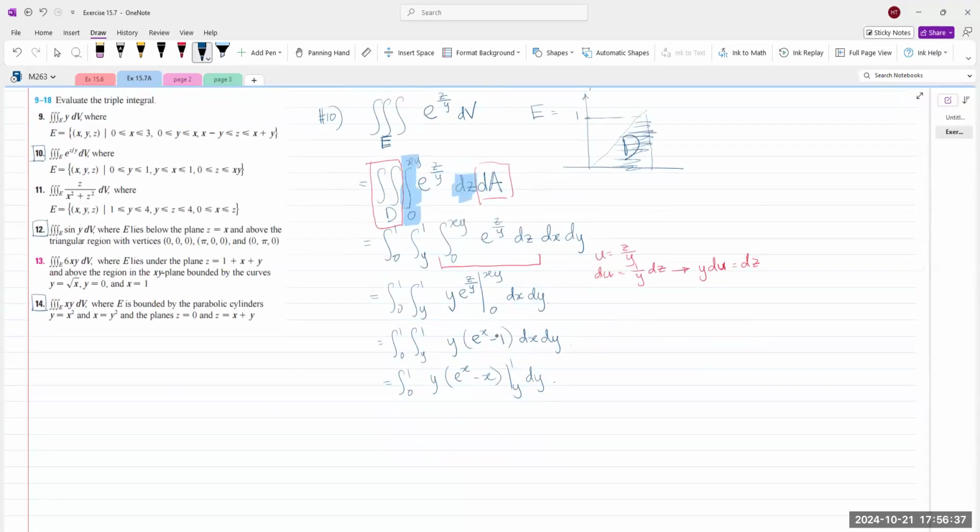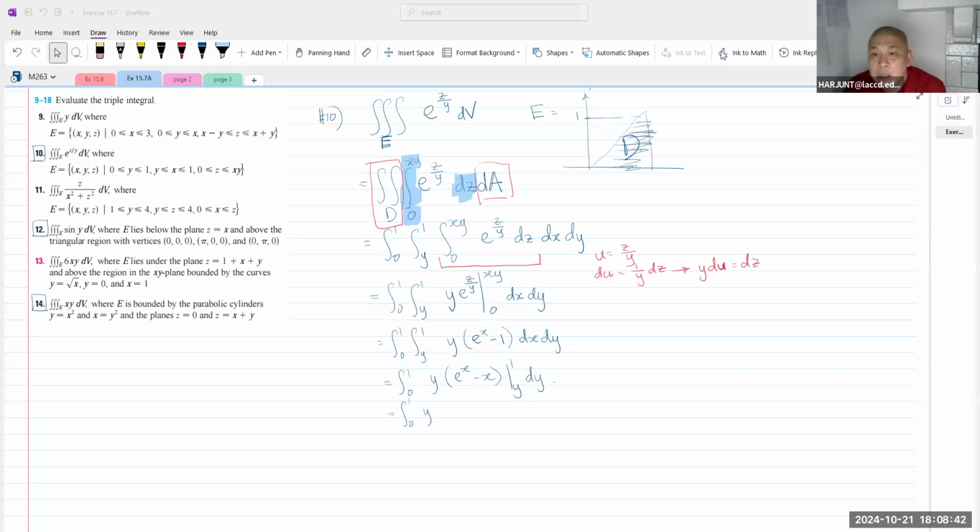Okay, so this will be integral from 0 to 1 of y times, when x equals 1, there will be e minus 1, minus, when x equals y, e to the y minus y, dy.